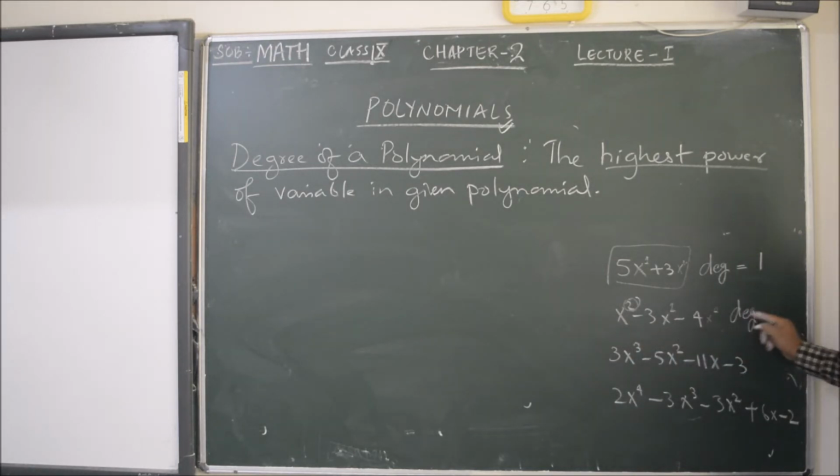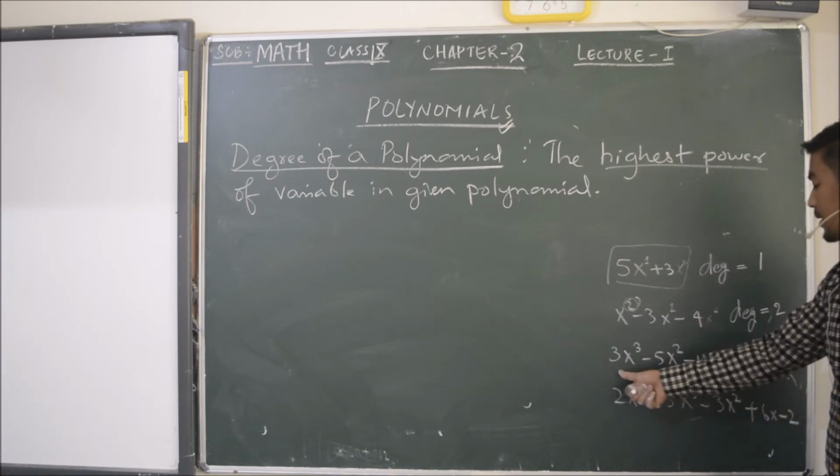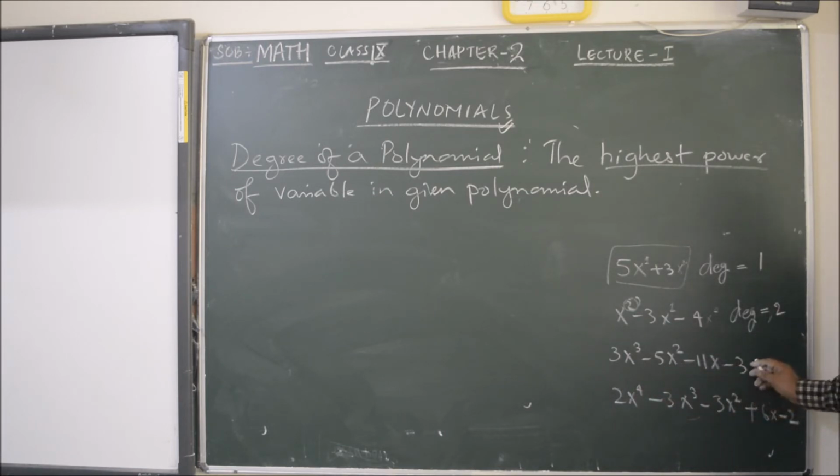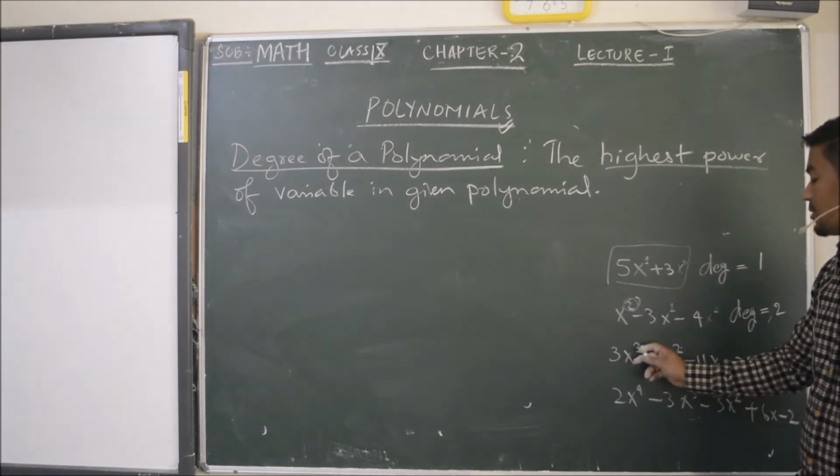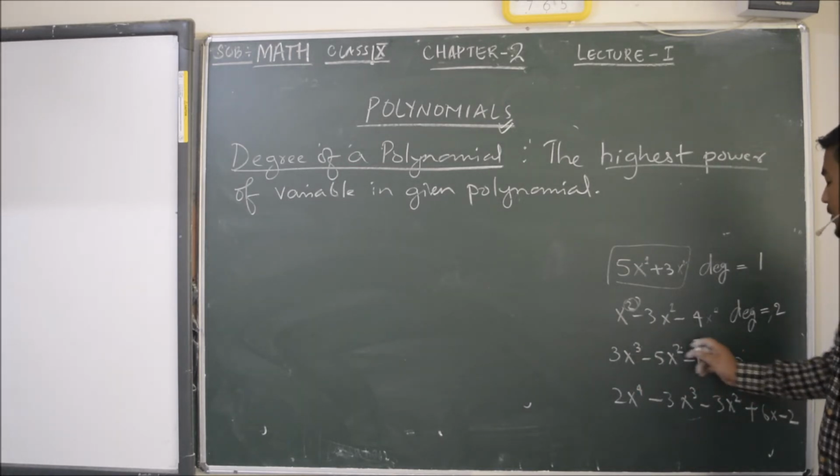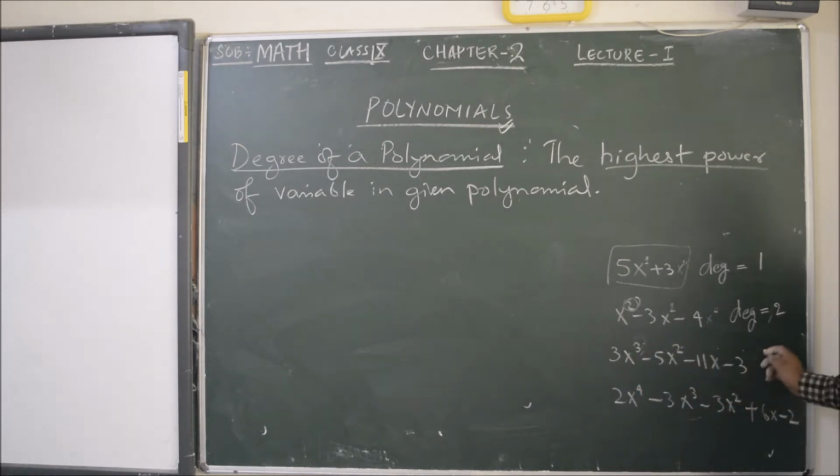In short form, d equals 2. Similarly, for the third polynomial, power of x 0, 1, 2, and 3. Among 0, 1, 2 and 3, 3 is the highest. So the degree of this polynomial is 3.